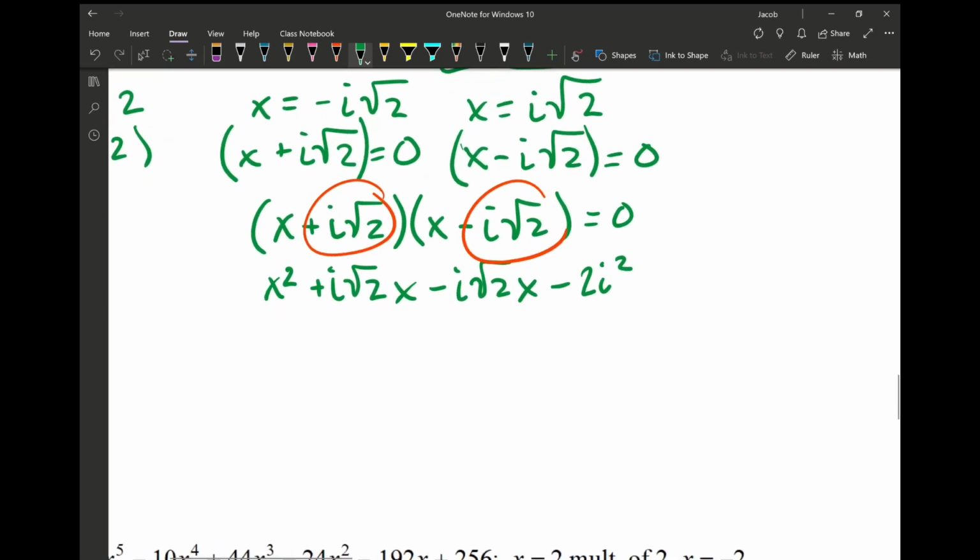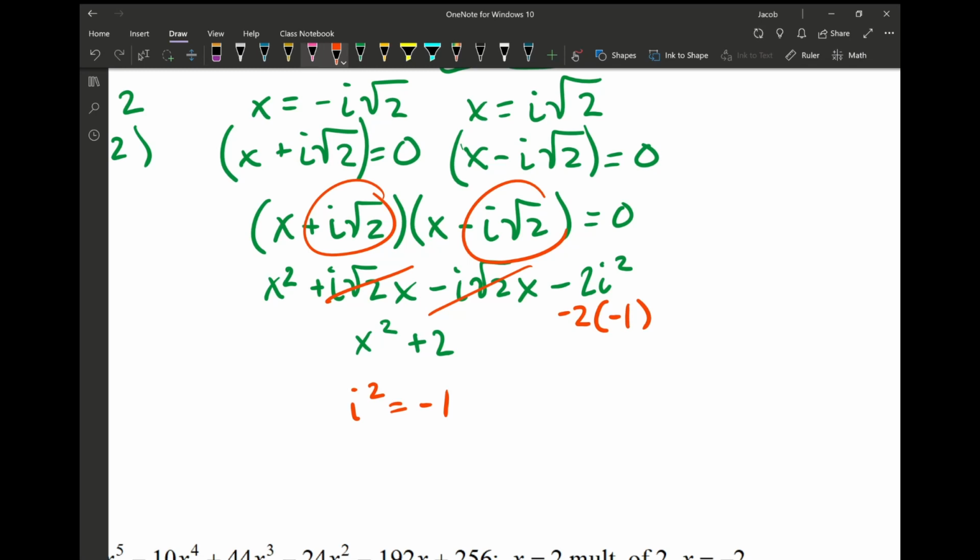And this can be simplified. So x squared can't be simplified, but it's there, and positive i radical 2x and negative i radical 2x cancel out, and i squared is actually negative 1. So if i squared is equal to negative 1, then we've got x squared plus 2, because I've got negative 2 times negative 1.